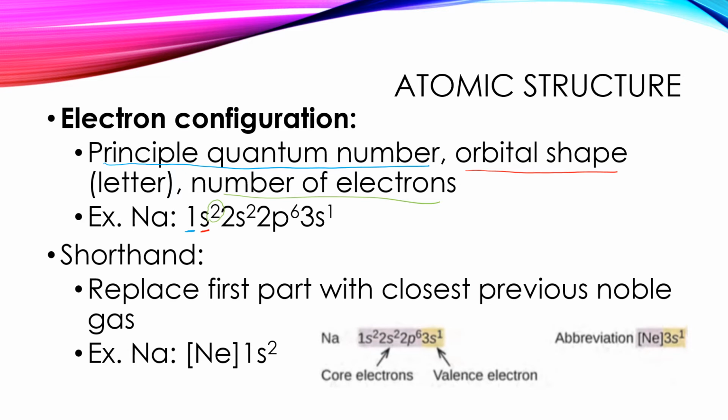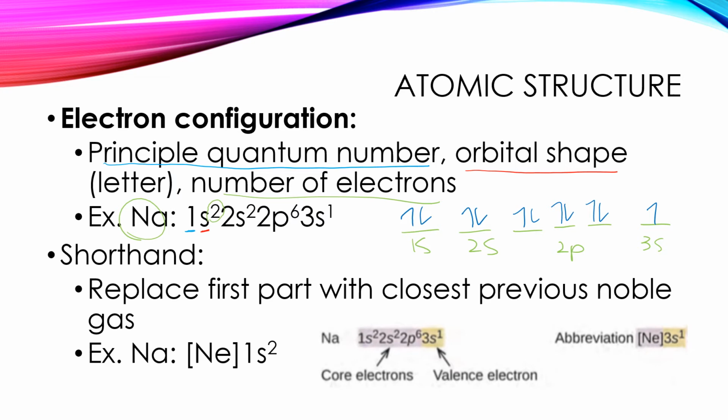So what I mean by that is, let's look at sodium. If I was doing its orbital diagram, I would have 1s, 2s, 2p, 3s, and then I would put its electrons in each individual orbital.